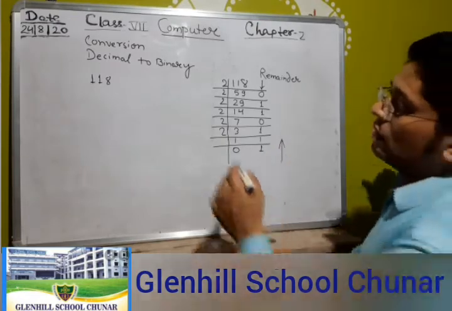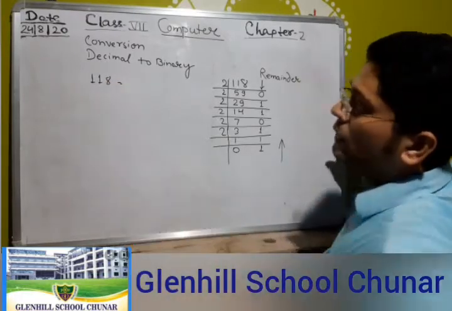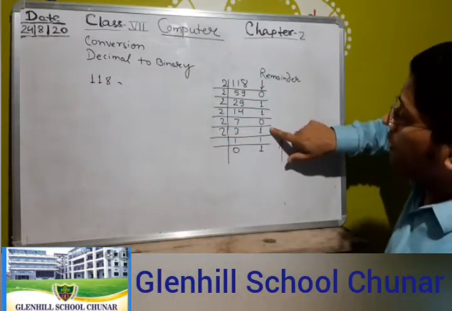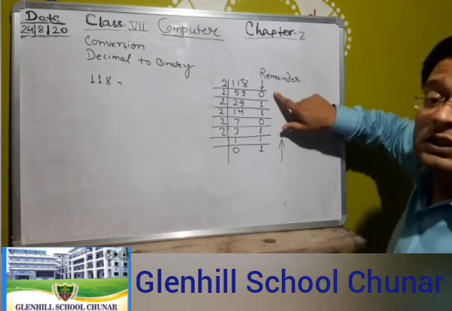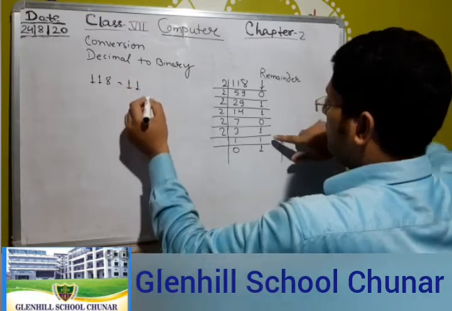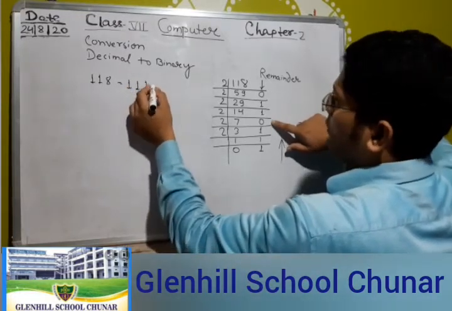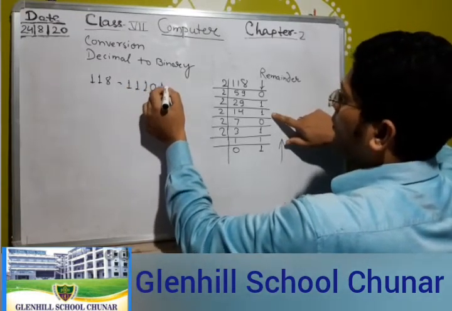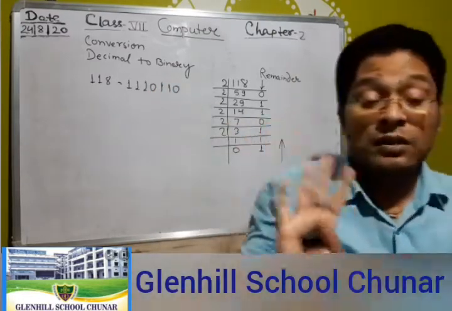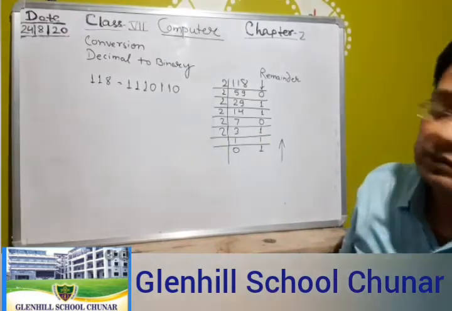So what's the binary number of decimal 118? 1110110. Look, 1110110. That's complete. Okay student, clear?